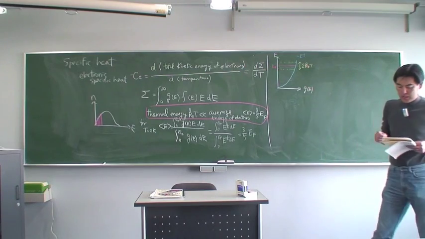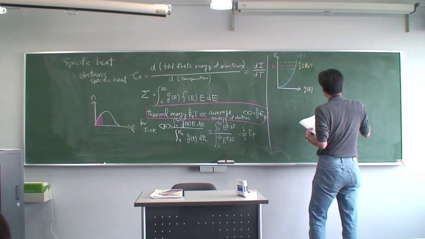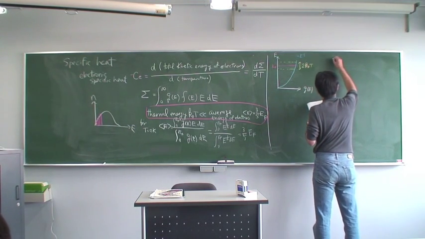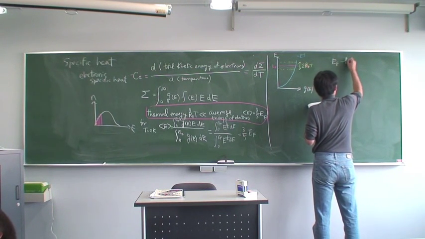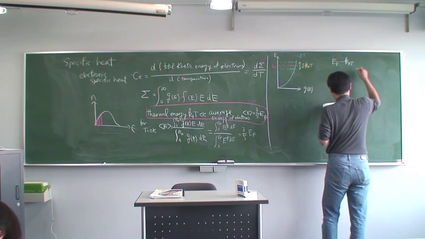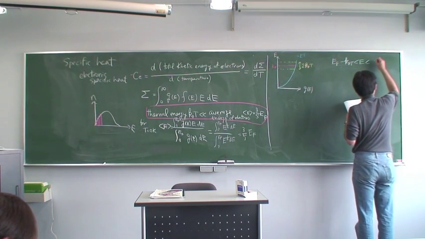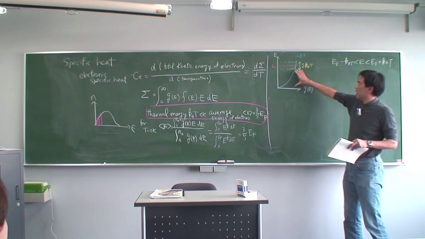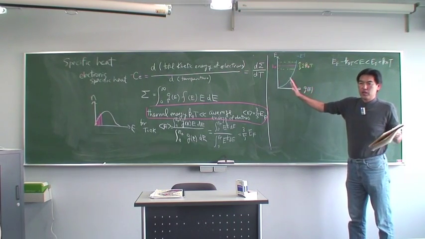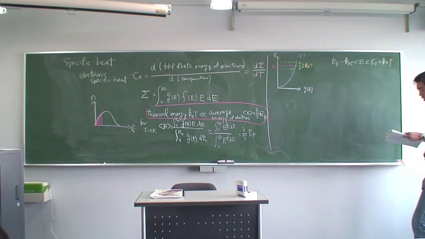Okay? That's the idea. So we are going to consider only the region EF minus kBT less than E less than EF plus kBT. After all, electrons here are all stuck and they don't change. What changes the energy is only this region.